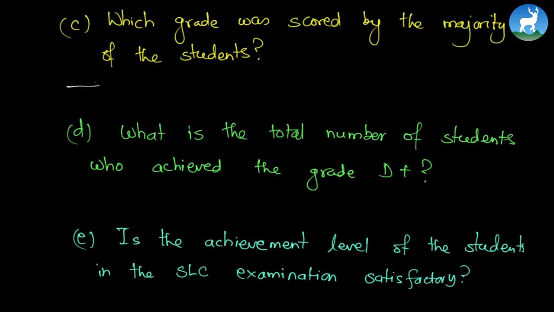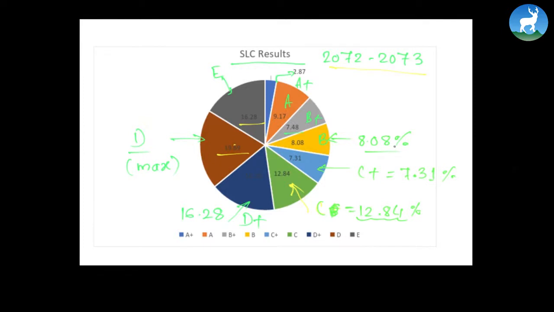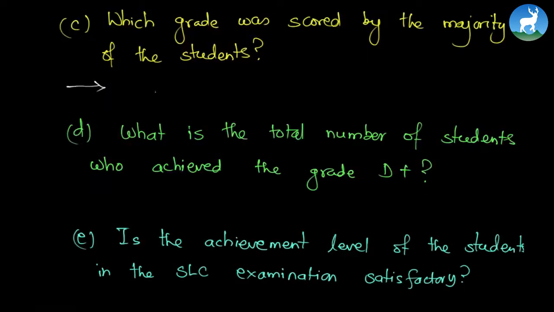The first one is, which grade was scored by the majority of the students? For that, can we go back to the first pie chart once again? Right, here is the first pie chart. So which grade did the majority of the students achieve? That is D, as I have already said. So the answer is D grade. The majority of the students obtained D grade, which is not so good.